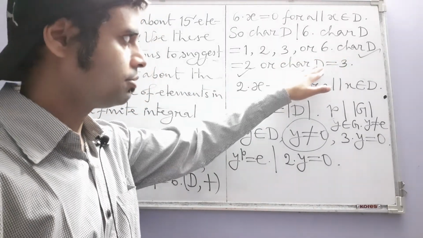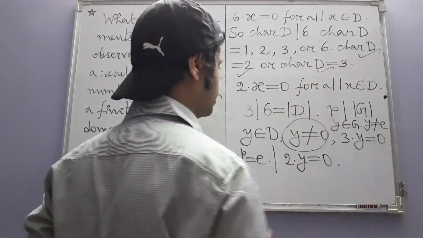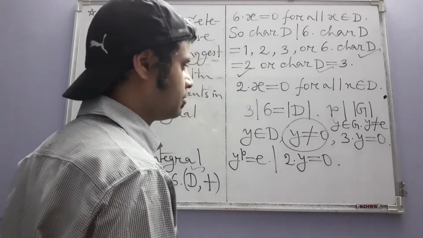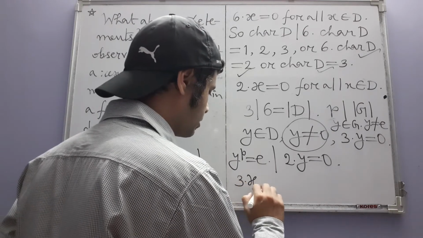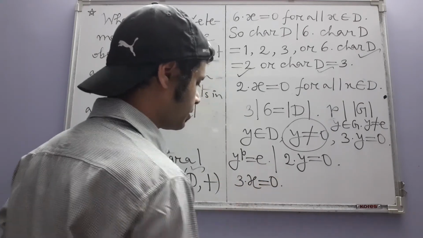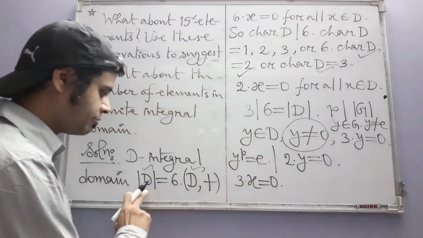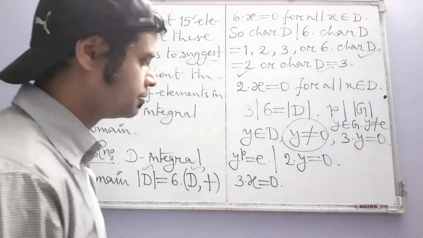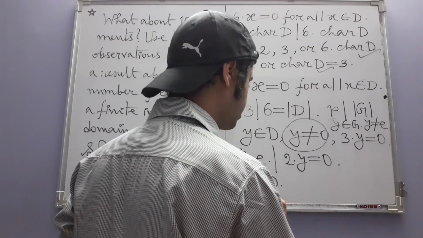But if you suppose instead that the characteristic is 3, then a similar thing would happen, because in that case 3 dot x will be equal to 0 for all x. But because 2 also divides 6 just like 3, again by Cauchy's theorem for abelian groups, you would get an element of order 2 in your group.